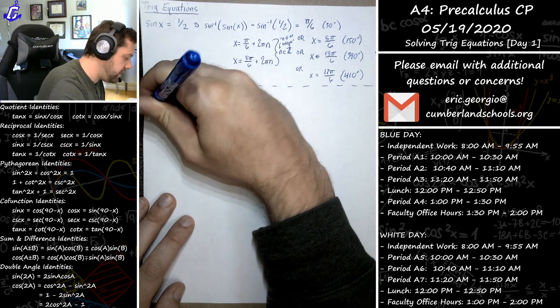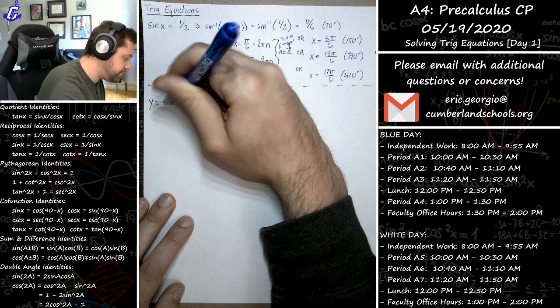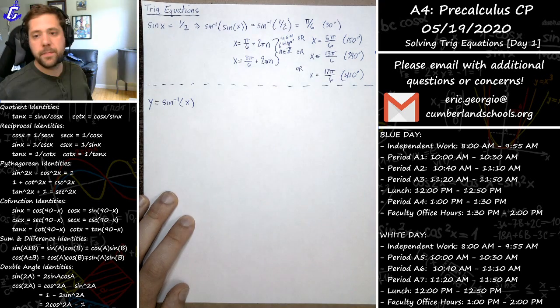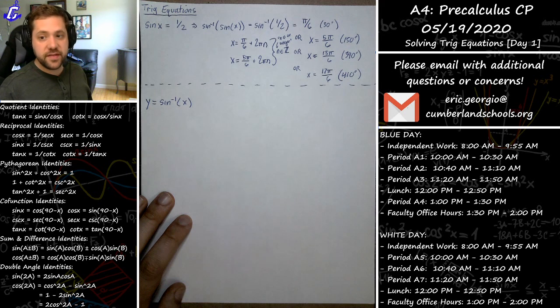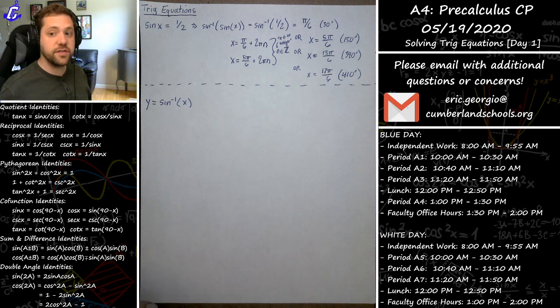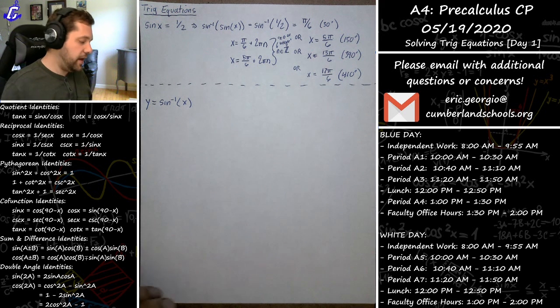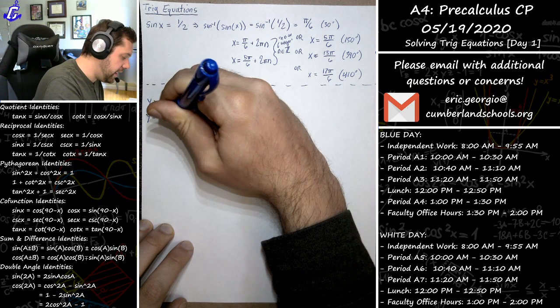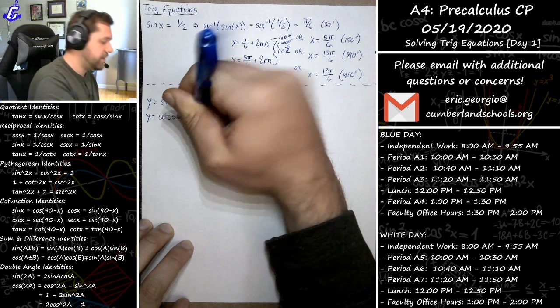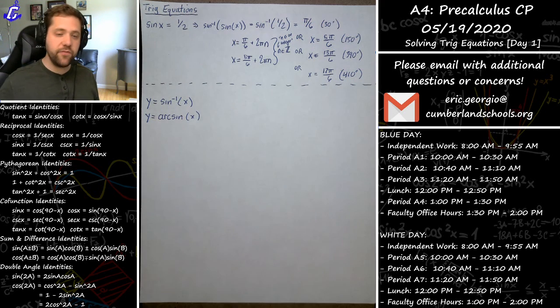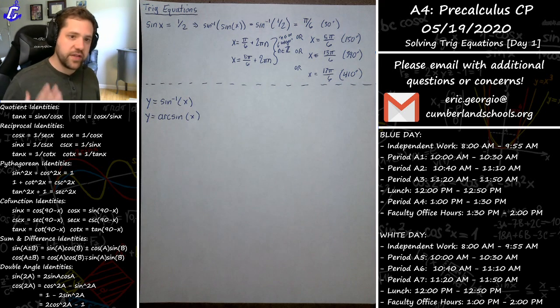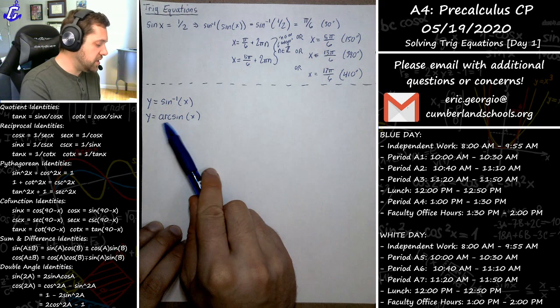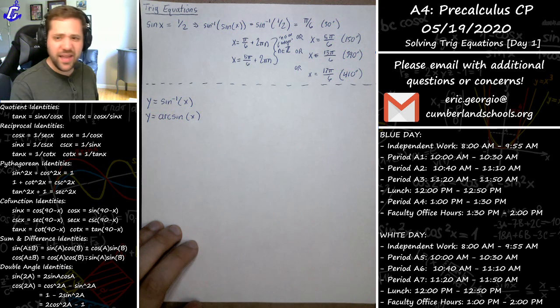We're going to start with y equals the sine inverse of x. Okay. Another name for the sine inverse that I'm going to start using more is y equals the arc sine of x. Sine inverse and arc sine are exactly the same thing. There is no difference between them. You see this notation come up a lot more in calculus.